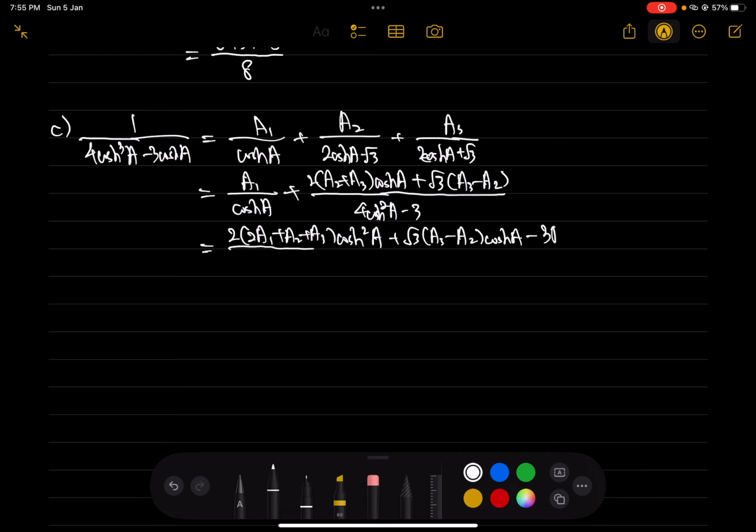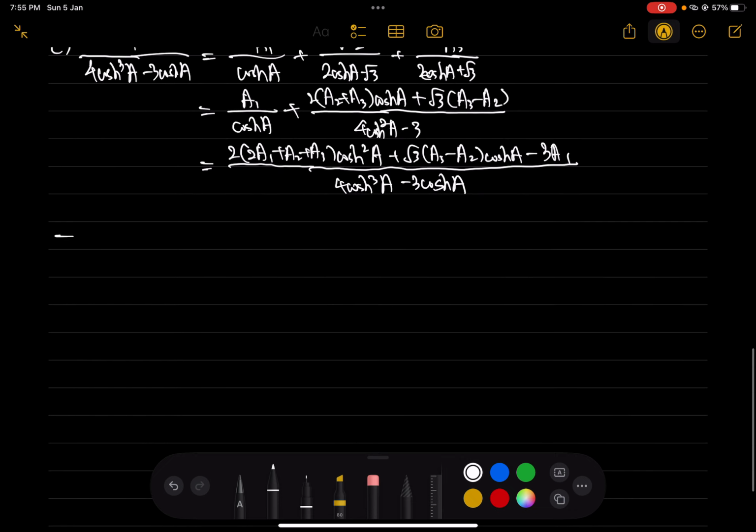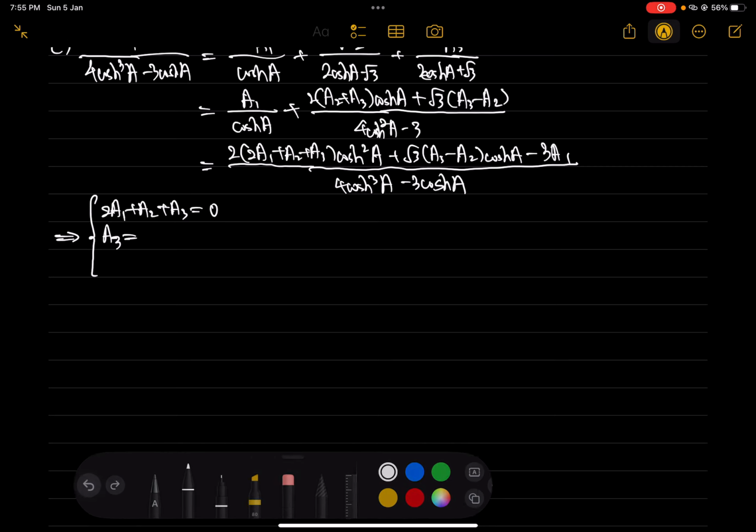So we now have, oops, that's minus 3a1 over, and now we could compare both sides. So we could draw a very straightforward conclusion. That's 0. Oops, excuse me there.